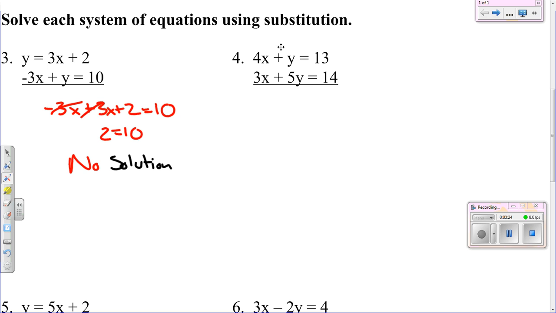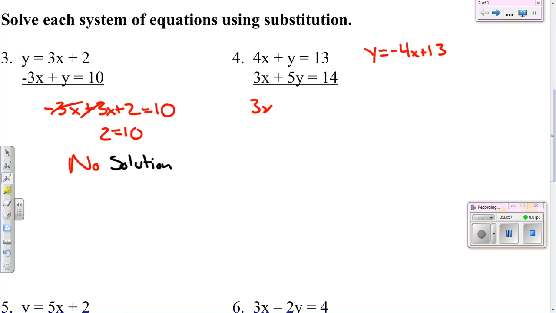Number 4. Got to get y by itself first. This is the y I'm going to get by itself because this has a coefficient and both your x's have coefficients. So I'm going to subtract the 4x over. Y equals negative 4x plus 13. Now I can plug that in here. 3x plus, then you're going to distribute the 5 times negative 4x, 5 times 13. 5 times negative 4 gives me negative 20.